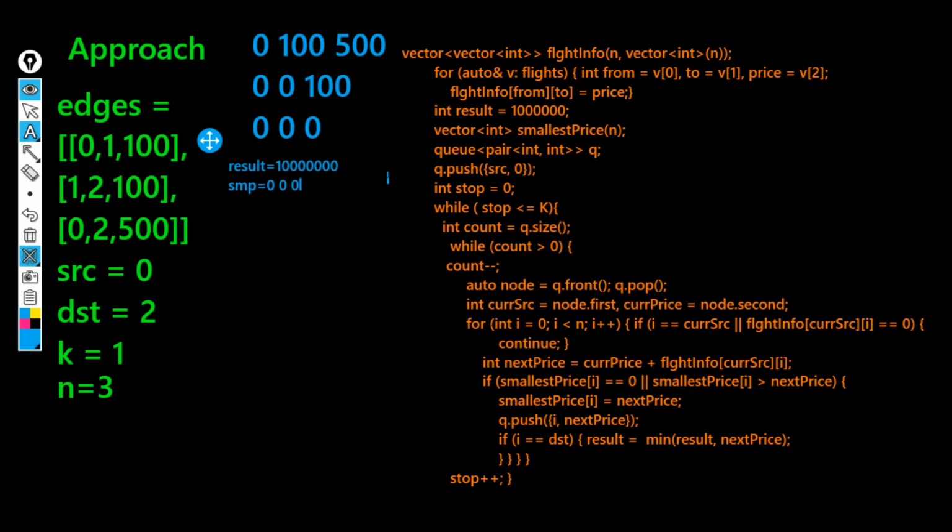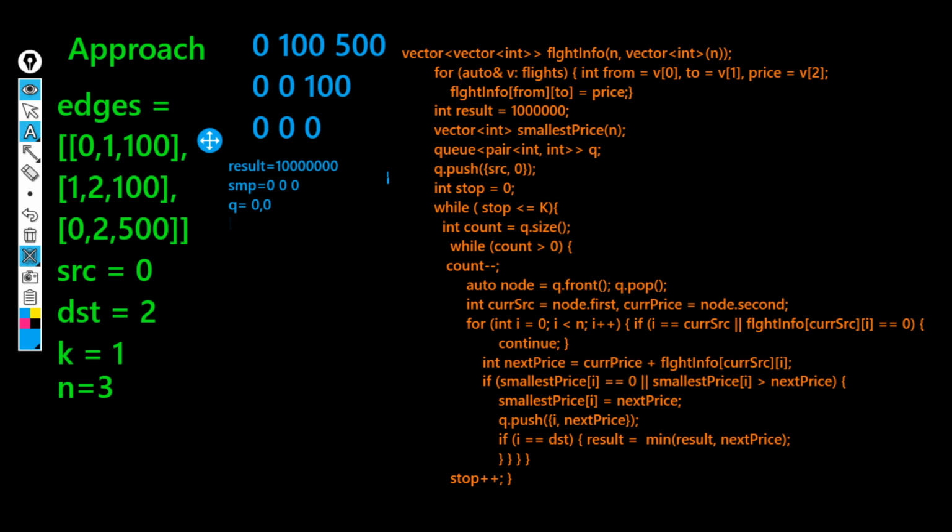So now after that I will initialize a queue which will store 2 things. First, the current position, and second, current price. So initially I will initialize it with the starting index and 0. In this case starting index is also 0, so I will initialize it with 0, 0.